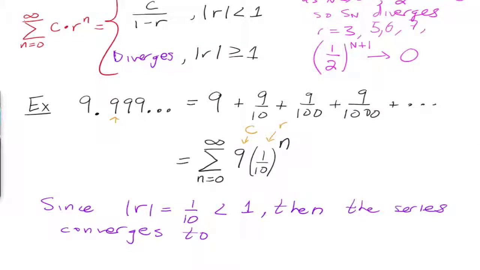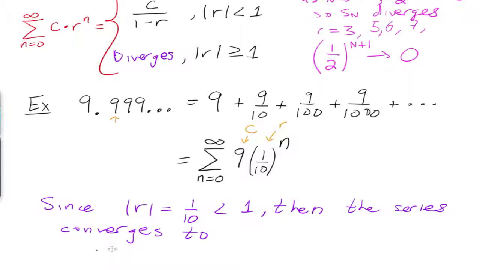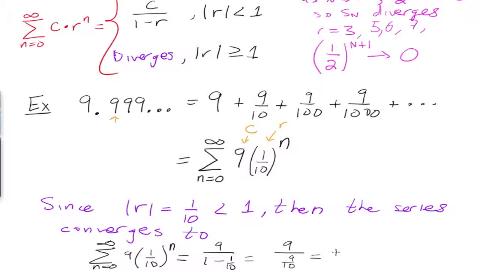so let's write this out again. I have the sum n equals 0 to infinity of 9 times 1/10 to the n is equal to, going back to what I found, c, which is 9 over 1 minus 1/10, which is equal to 9 over 9/10, which is equal to 10.